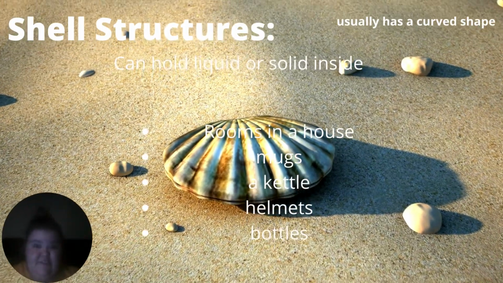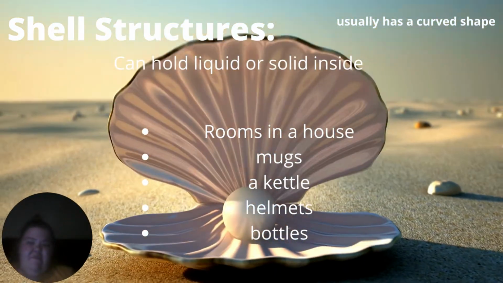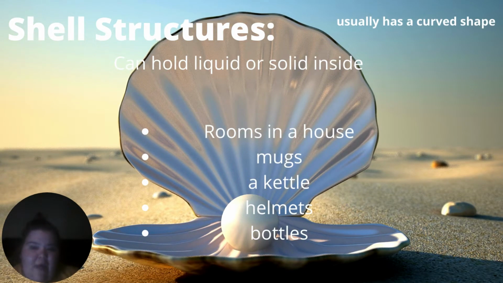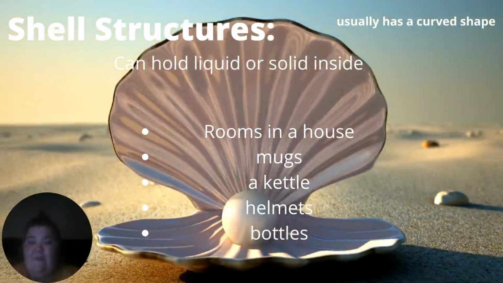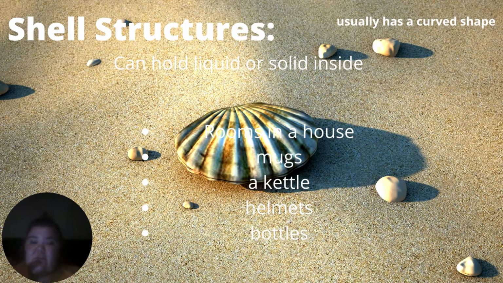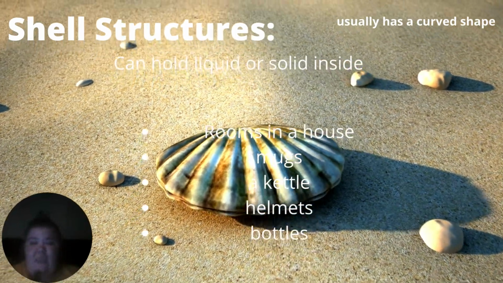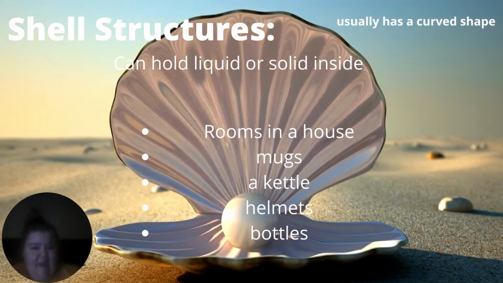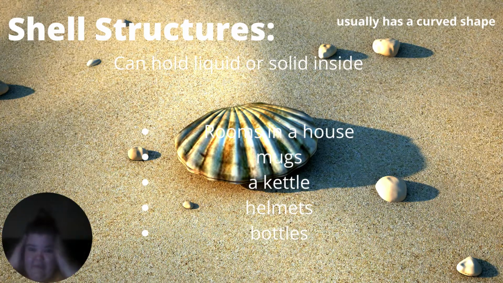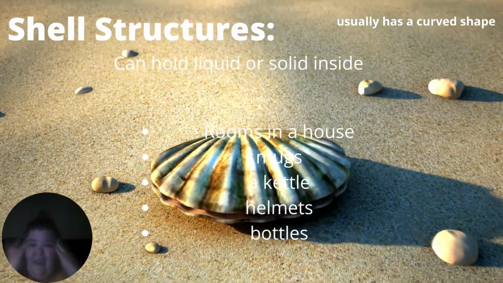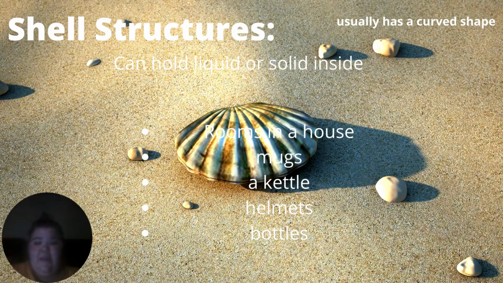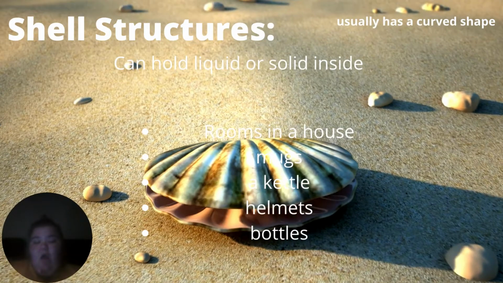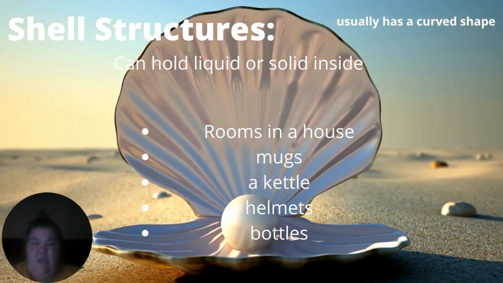We then have a kettle, what we make coffee with. And what else do we need when we make coffee? We have mugs. Mugs are shells as well. And then we have helmets, because helmets usually hold our brains and heads in place. And bottles. We all take a bottle to fill with cool drink or water, and it holds our liquids for us.